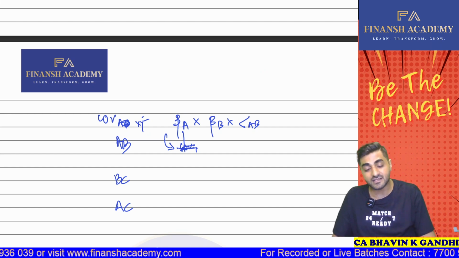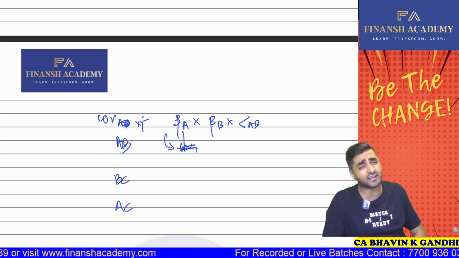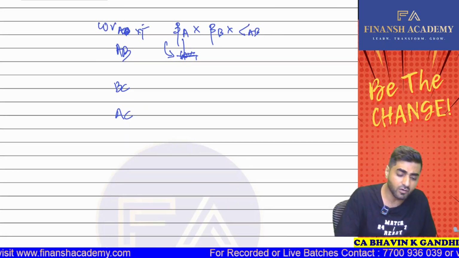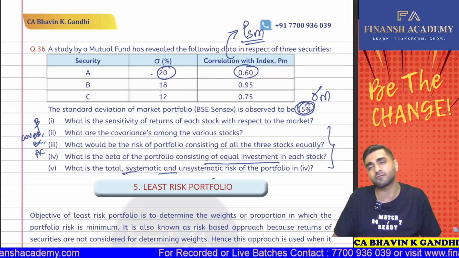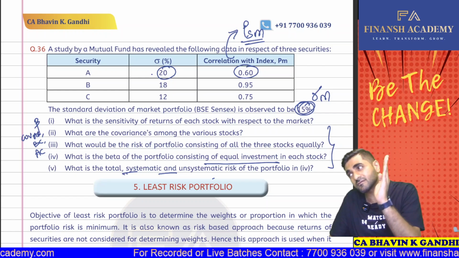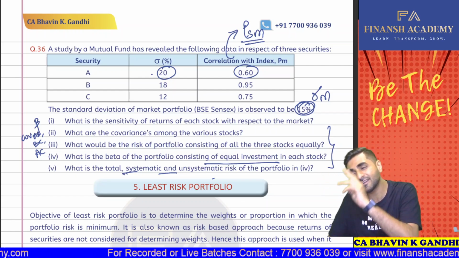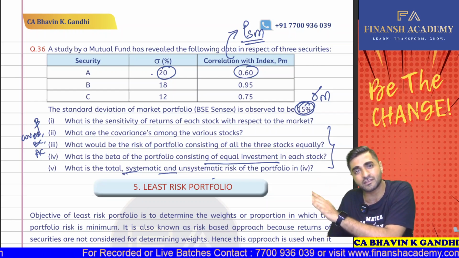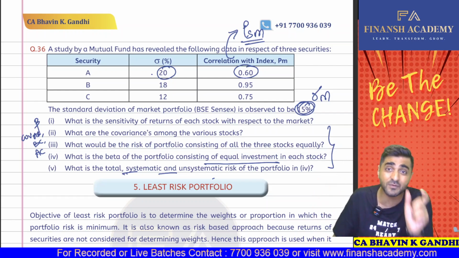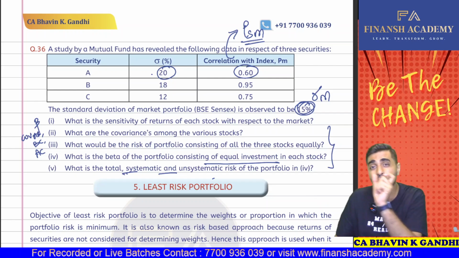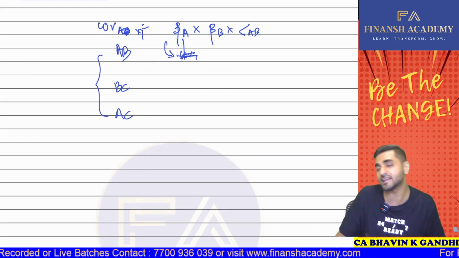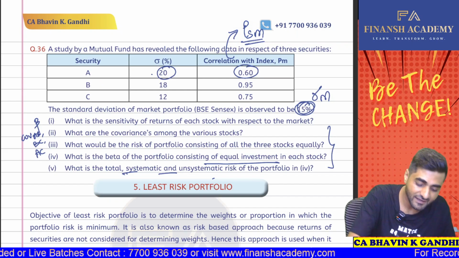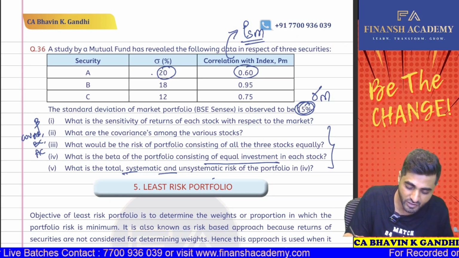So always remember this, my dear students, that whenever we are calculating the risk of the portfolio, we will use weights of A square into variance of A, plus similarly for the three, plus 2 times weights of A into weights of B into covariance AB. So you need to calculate this for covariance AB, BC and AC, right? And then on this basis, the calculation will be done.